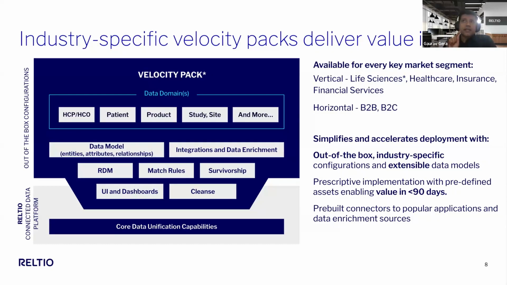I want to clarify that, which includes all the domains, wherein if you're talking about the HCP, HCOs, or any other type of customers that you interact with, like IDN, GPOs, affiliations and relationships amongst them, patient, product, if you're talking about IDMP compliance or use cases around market basket analysis, that domain, even things like clinical studies, site, investigator, all these domains are readily available within the same velocity pack, right?